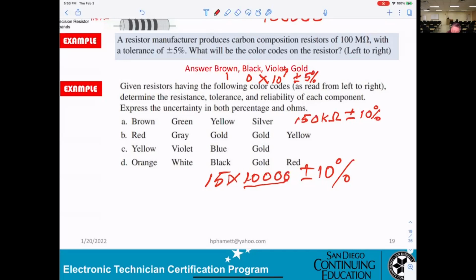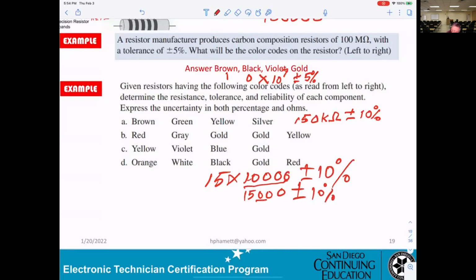Silver is 10%. And this one here, okay, you can get 15 times that number, in kilo ohm. Basically, you can get 15, 0, 0, 0 plus 10%.